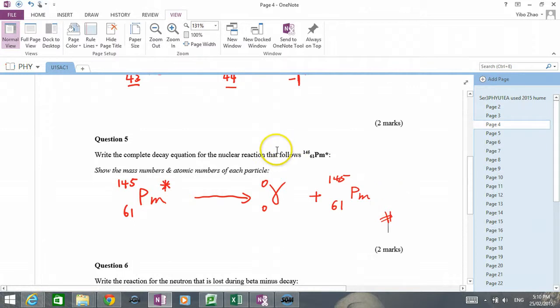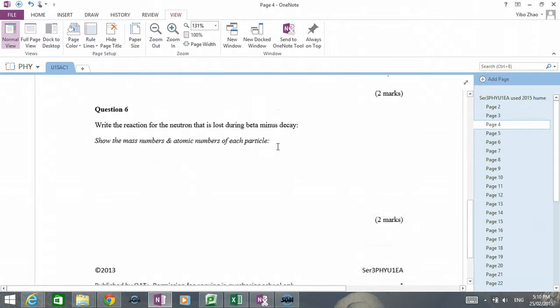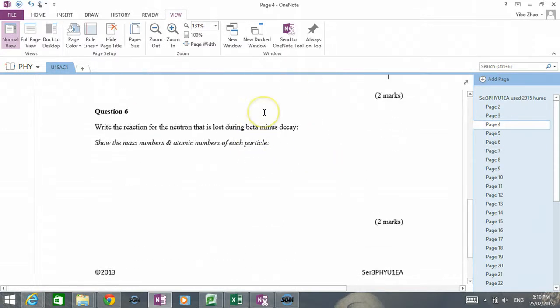Now, here is the most difficult question, question 6. In this question, what we have is a neutron, and the neutron is written as this. A neutron alone has atomic number of 0 because there are no protons.